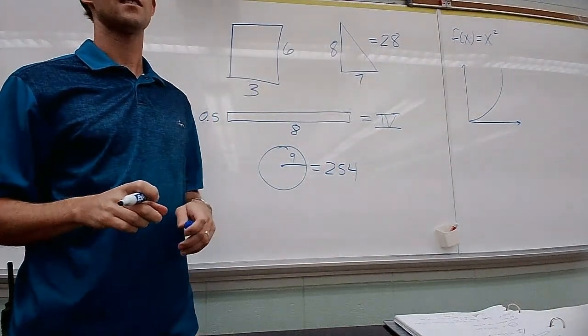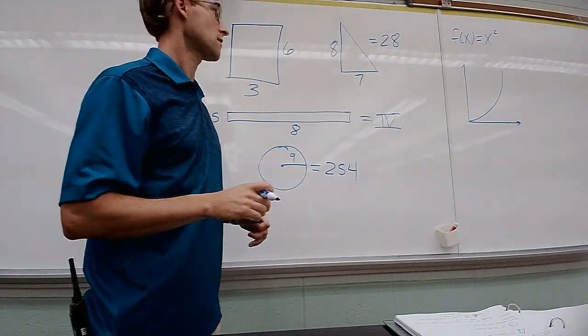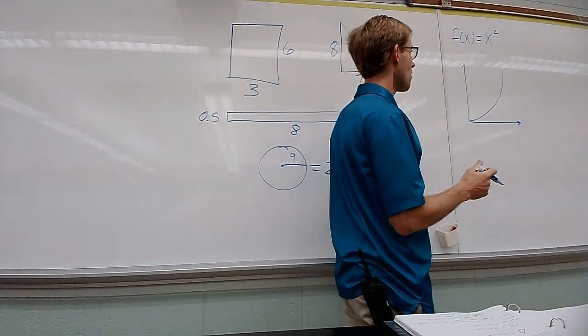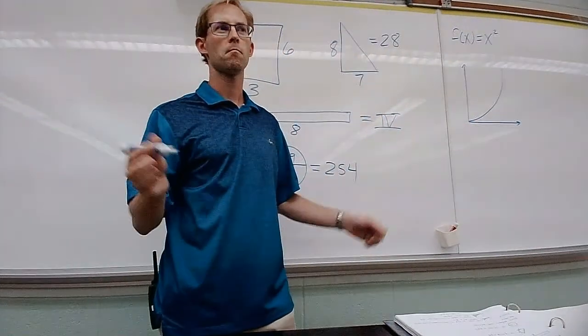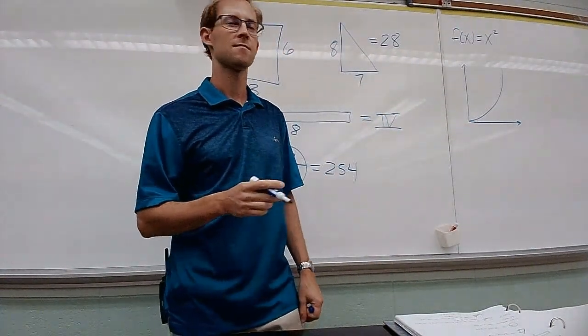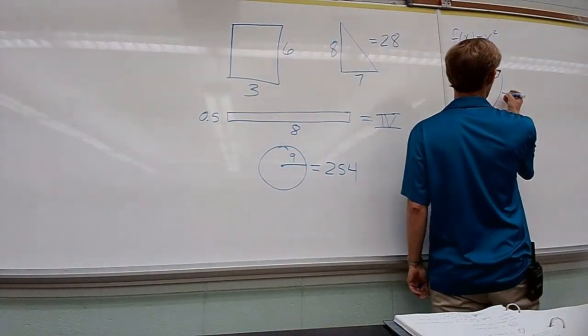So here's the thing. Before, I wanted to know what the slope at a certain point was. Maybe I don't care about that. Maybe I want to know what the area is.